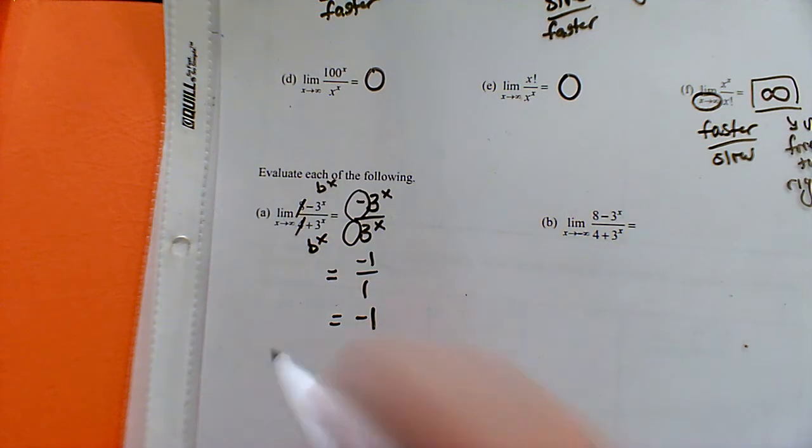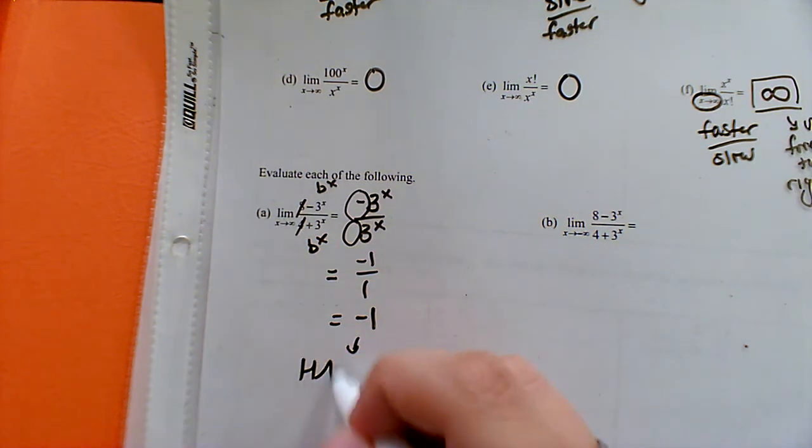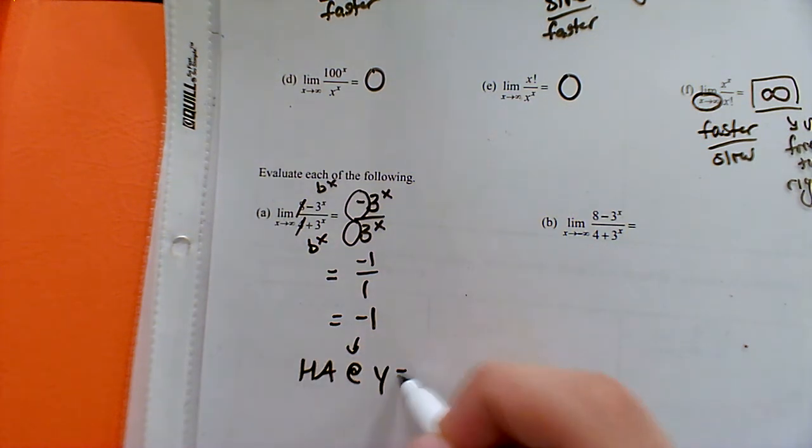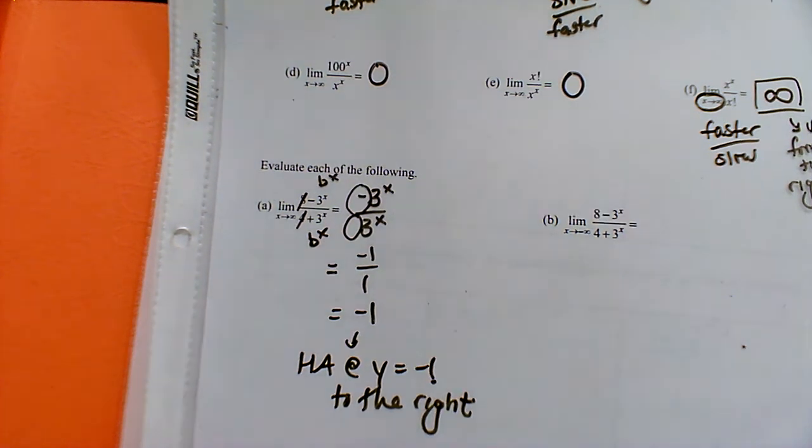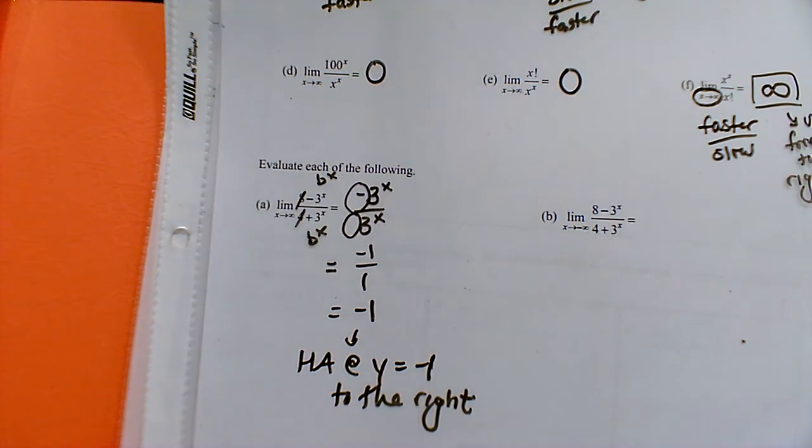So it looks like we have a horizontal asymptote at the y value of negative 1 to the right. We doing okay with that one?